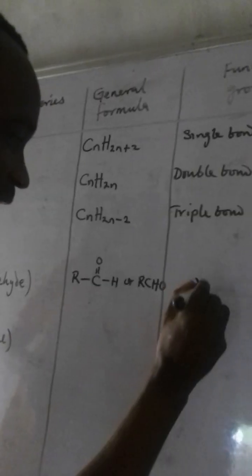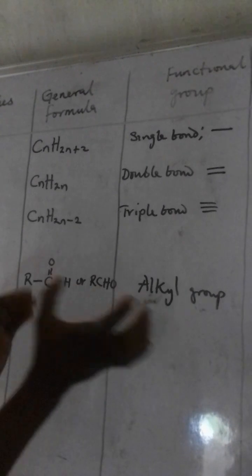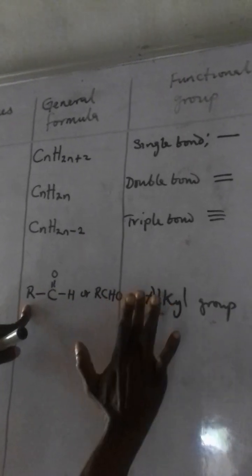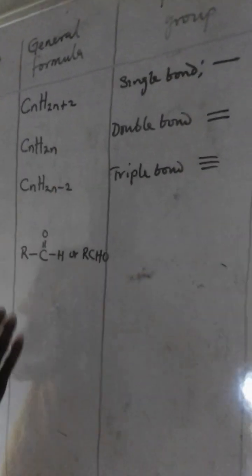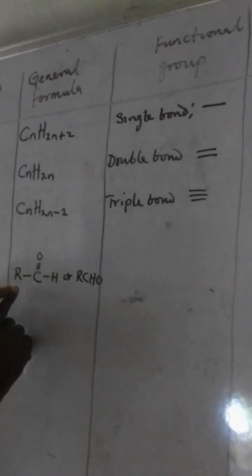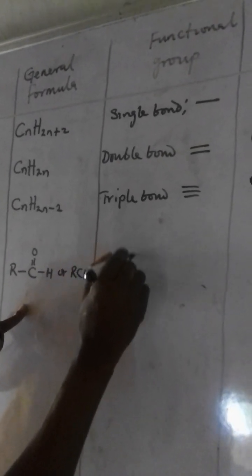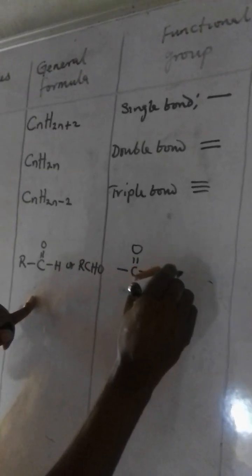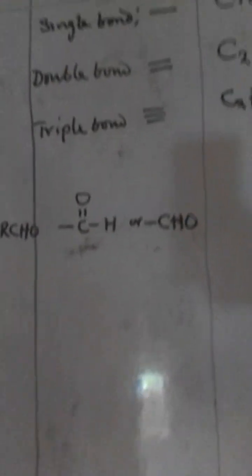An alkyl group is a group gotten from the parent alkane by loss of 1 hydrogen. So we use R to represent alkyl group. If this is the general formula, the functional group is just the general formula minus the alkyl group, which is bond CHO, or bond CHO in a condensed form. So that is the functional group of an aldehyde.